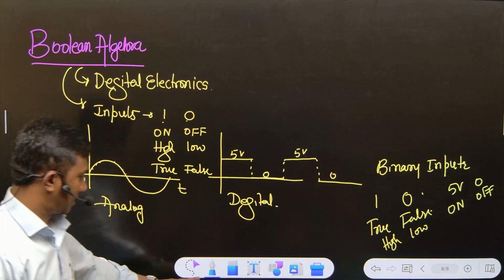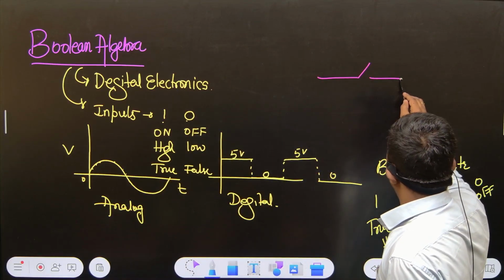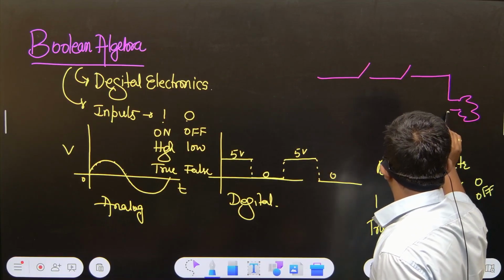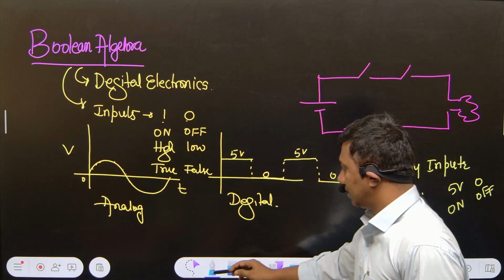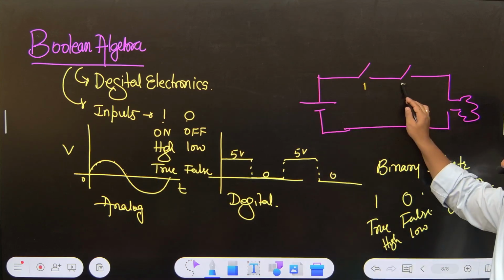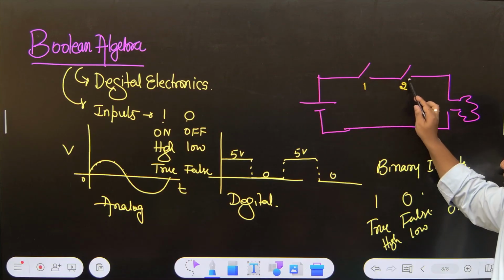I will take another example for our understanding. Imagine this is a circuit, and here we have a light, and this light is connected to a battery over here. Now there are two inputs, switch 1 and switch 2. Imagine switch 1 is open and switch 2 is also open.